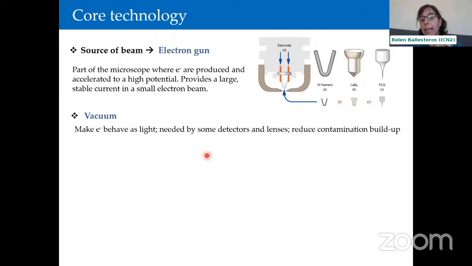And if we work under vacuum conditions, we reduce the contamination buildup. Having said that, there are some microscopes that can work in non-vacuum or not high vacuum conditions, called environmental microscopes. But this is not the common case. Most electron microscopes will work under vacuum conditions.